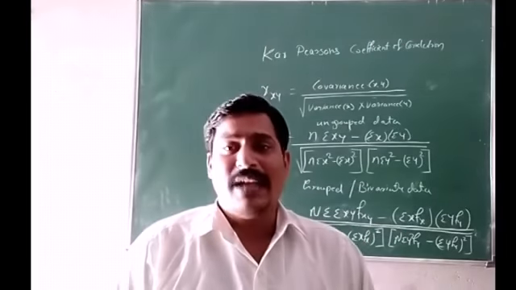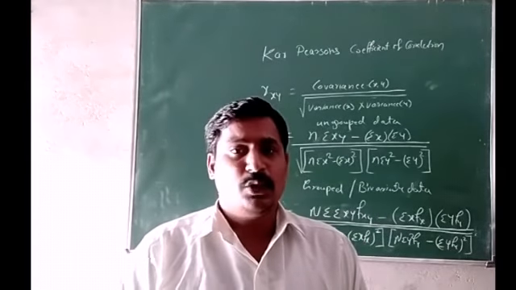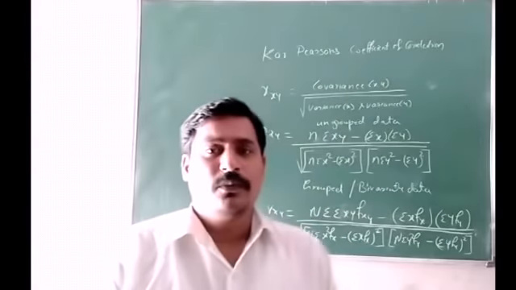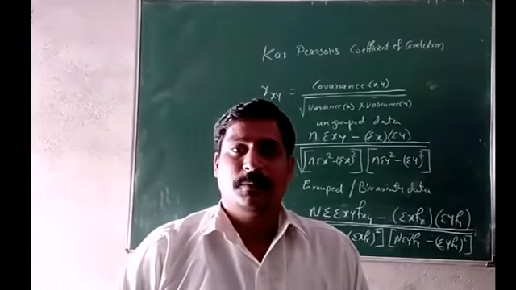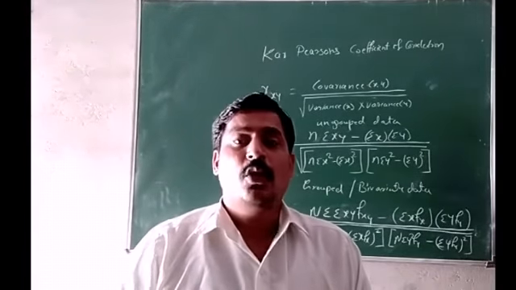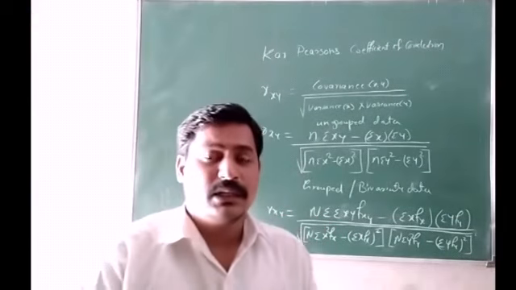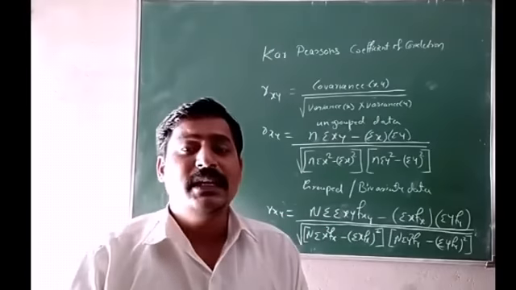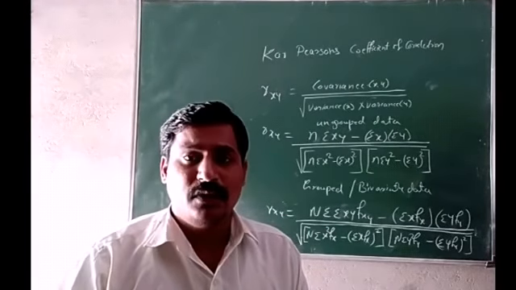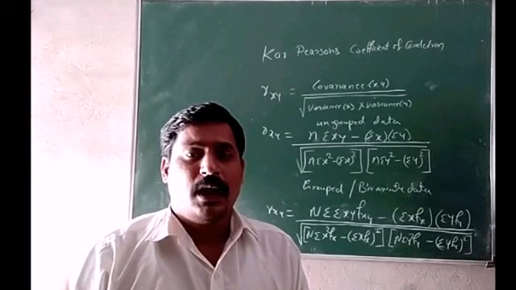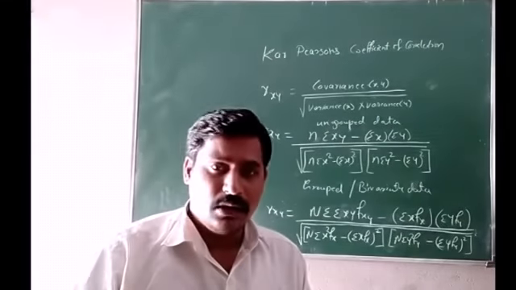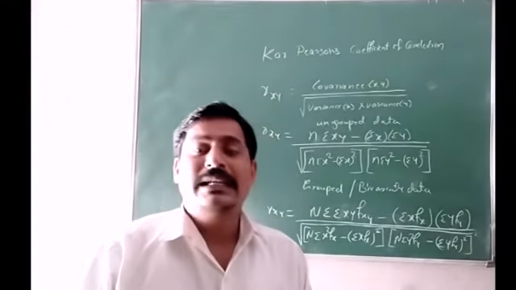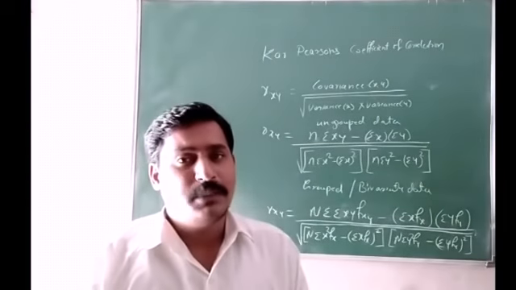So when we add or deduct any constant number to all the variables, it doesn't affect the correlation between the variables. So we say Karl Pearson correlation is independent of change of origin. And when we multiply or divide by a constant number all the variables, again it doesn't affect the correlation between the variables.